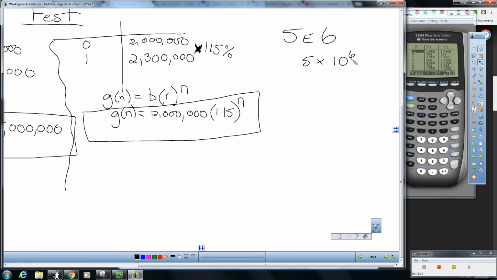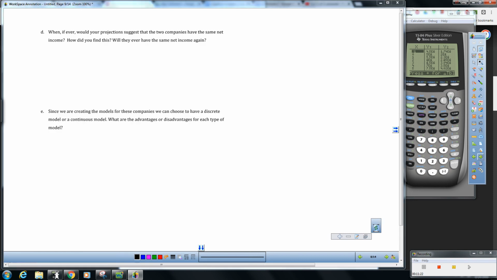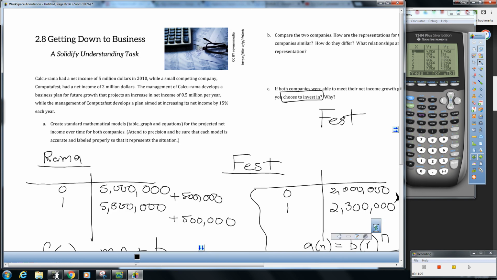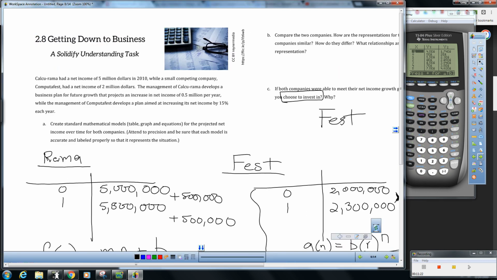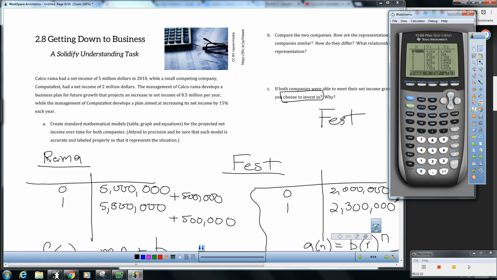Okay, so look, Y1 represents Rama, Y2 represents Fest. Notice, Rama starts out significantly above Fest.